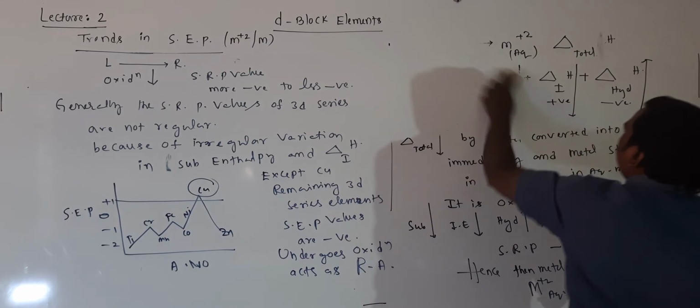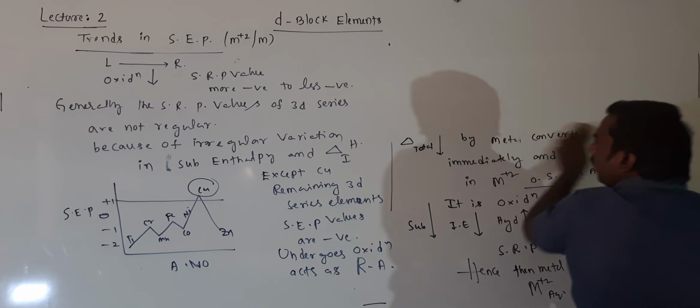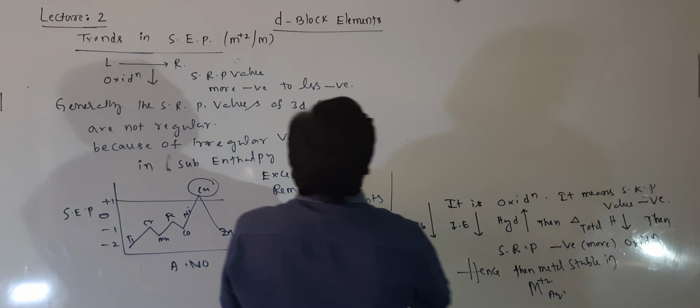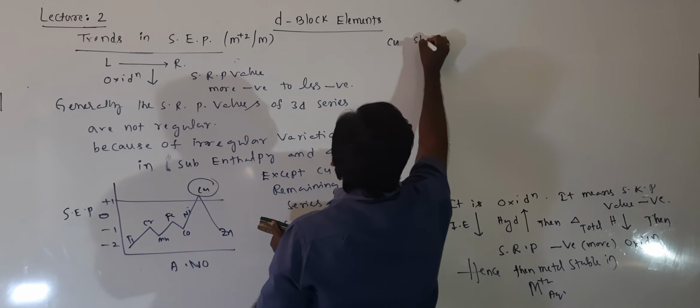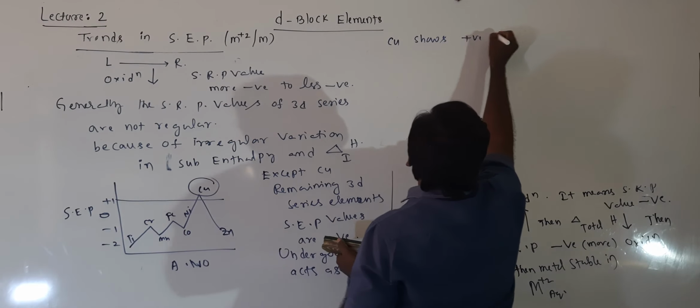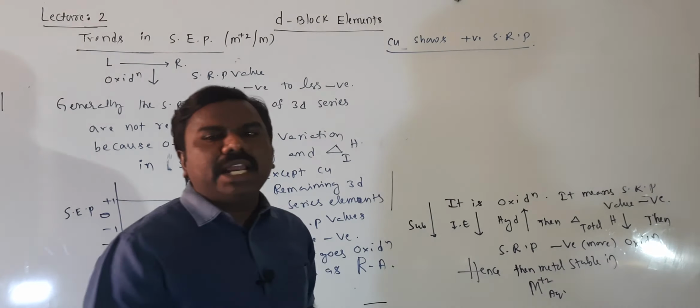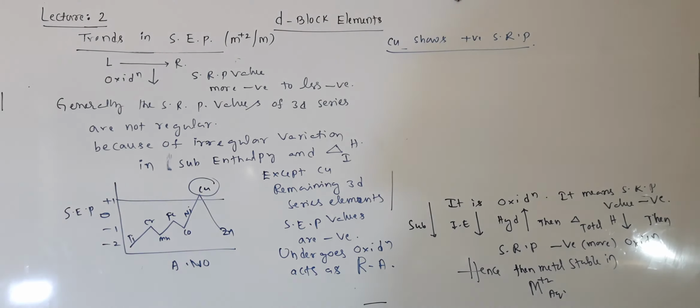So what is the reason for that? We'll see. Copper shows a positive SRP value, but the remaining elements show negative SRP values.